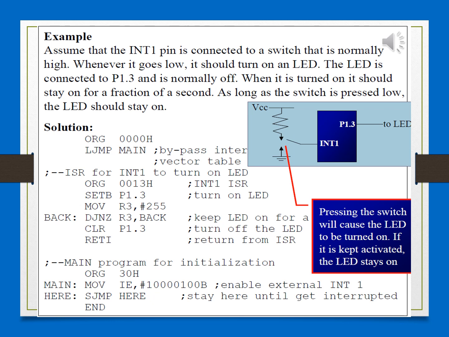You're loading the decimal number 255 into the R3 register and decrementing the contents of R3, which means you're generating a delay. After that time, you come out of the loop and turn off the LED. Then return back to the main program.